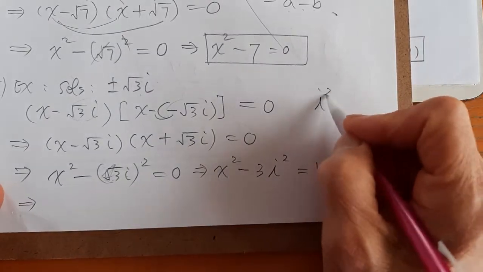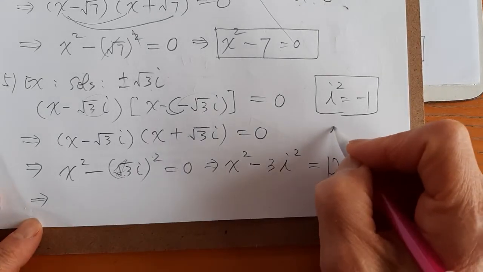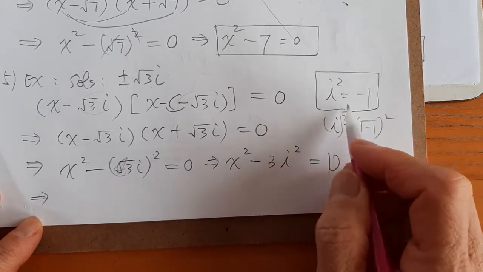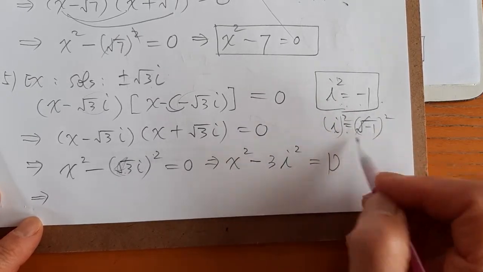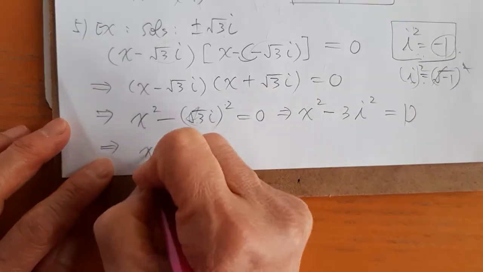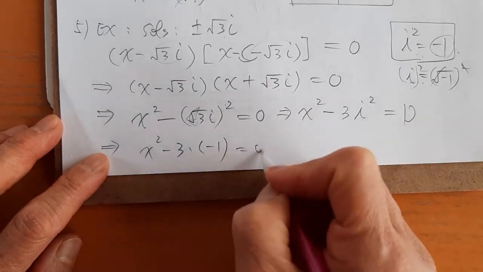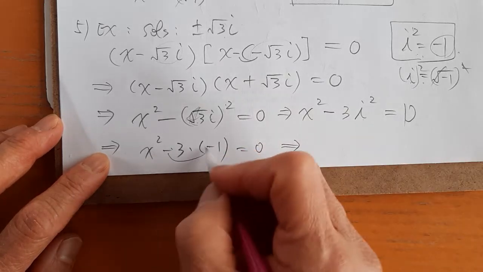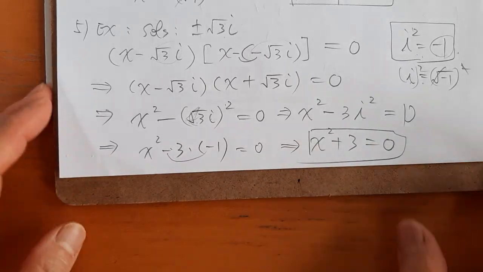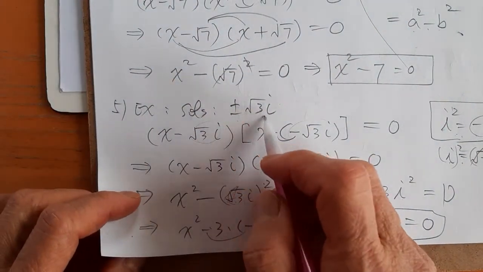Since we define i as the square root of negative 1, when you square both sides, i squared equals negative 1. So you get x squared minus 3 times negative 1 equals 0. Then the minus times negative becomes plus 3 equals 0. So this is the quadratic equation that has the solutions positive and negative square root of 3i.